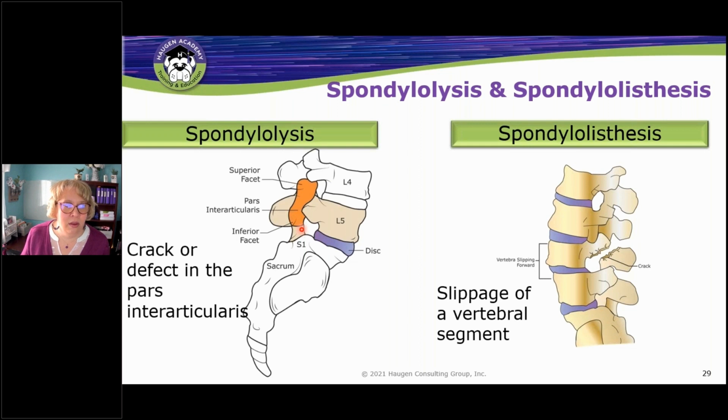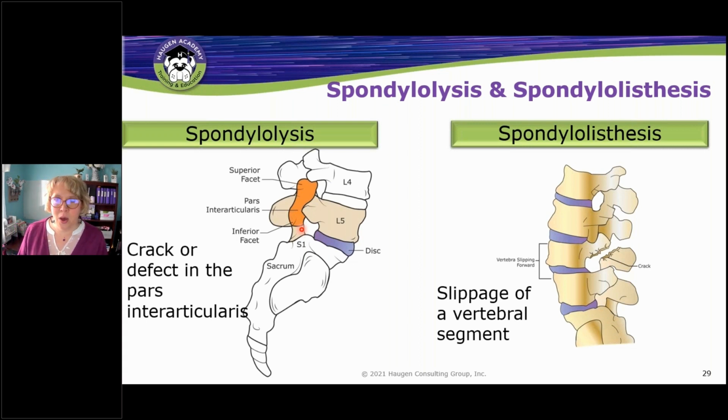I wrote a blog on spinal anatomy in preparation for today's webinar that's available on our website if you haven't read it. One of the things that a colleague of mine said once is it's not so much that the spine is three-dimensional, it's more like it's five-dimensional. And when you think of everything that could possibly go wrong, I'm fascinated by the spine and how it keeps everything together. But when one thing goes wrong, it can cause a lot of other problems.